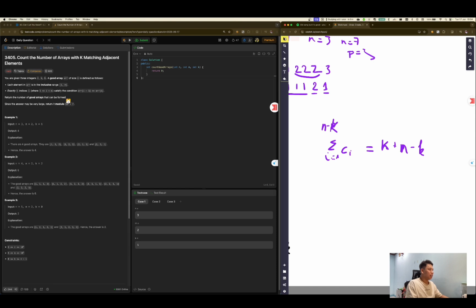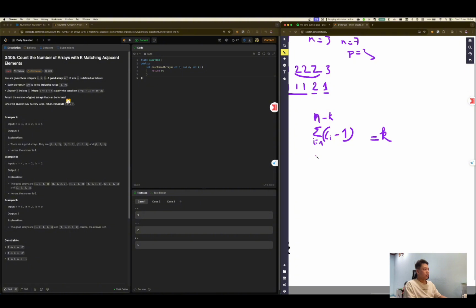Let me write it again to make sure you see the values. Sum of ci minus 1 from 1 to p, which we can also write as n minus k, right, equals k. So we can write the sum from 1 to n minus k of ci minus n minus k equals k.